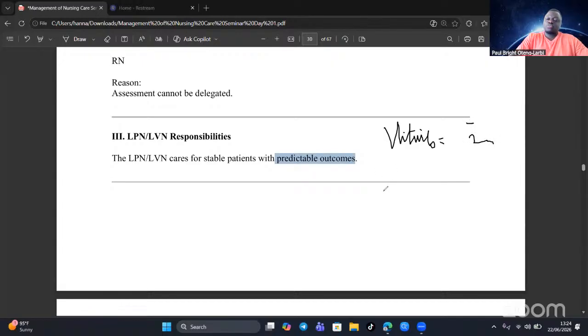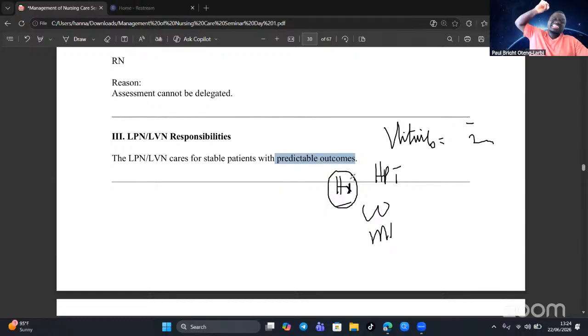Does the patient have comorbidities? Yes. The patient is hypertensive, has a history of hypertension, COPD, MI. Once you hear the history, they've had it before, but it has been stabilized. Okay, so now the patient is stable.